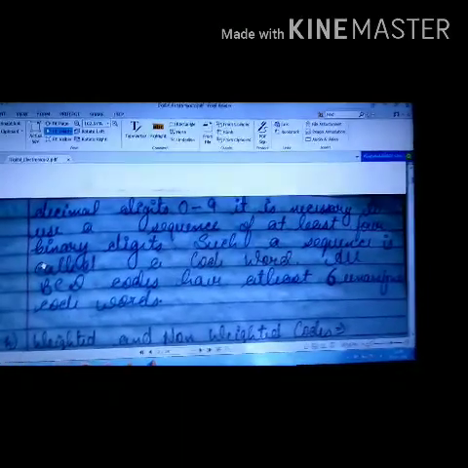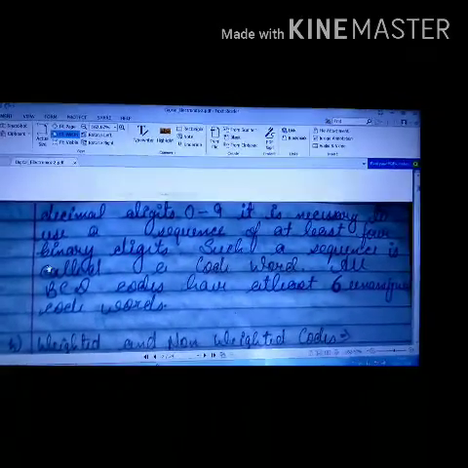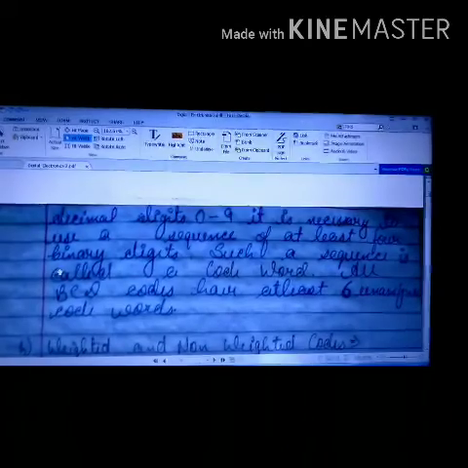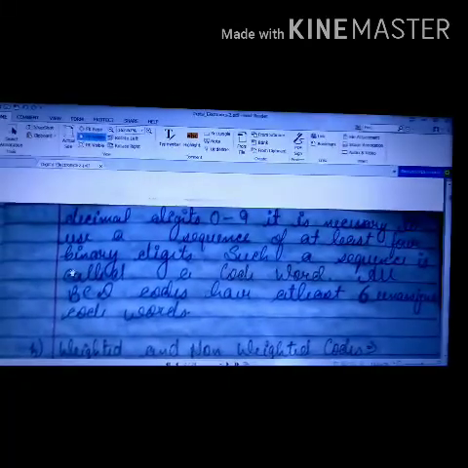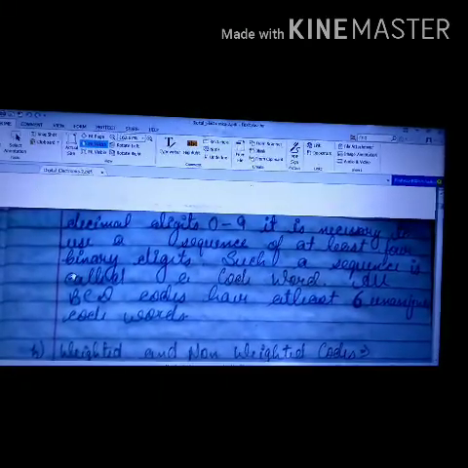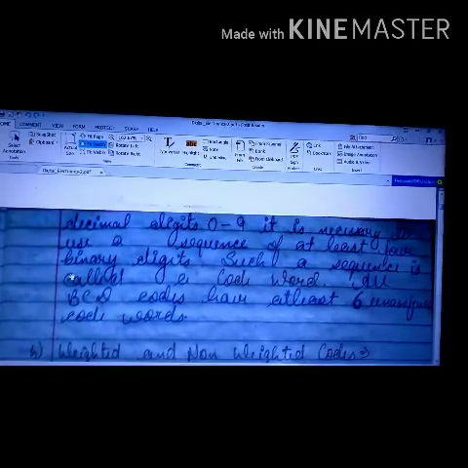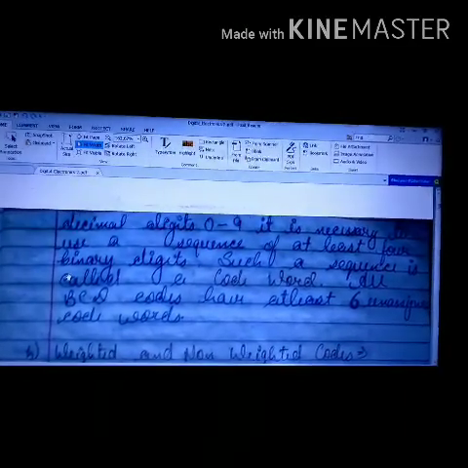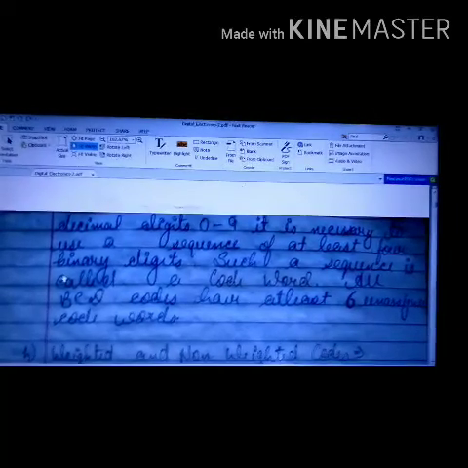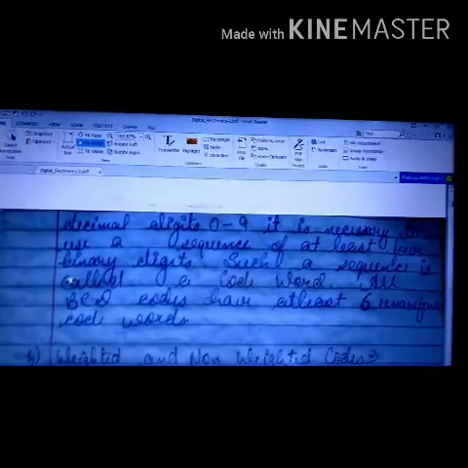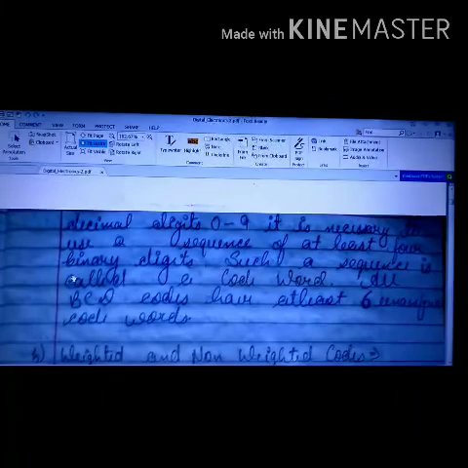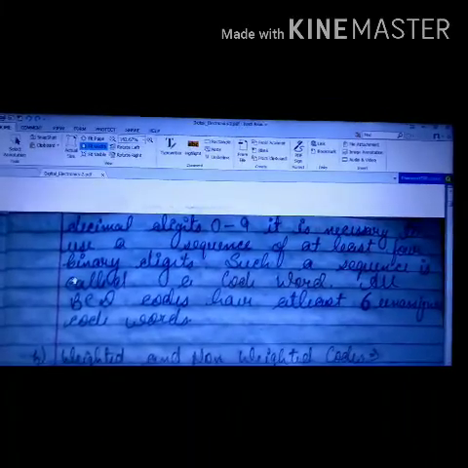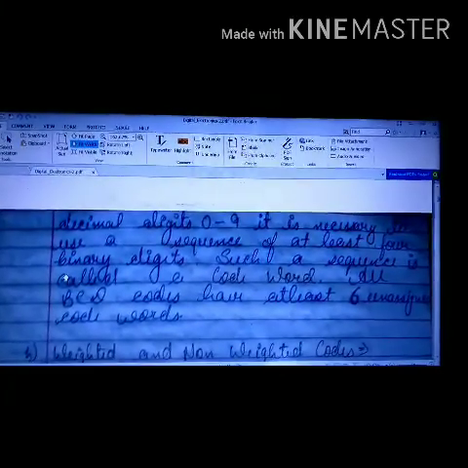Now if we are using 4-bit binary digits, we can represent 0 to 9 and A to F, that is 16 separate digits. But since it is binary coded decimal and we want only 0 to 9 to be represented, any digit higher than 9, that is A to F, will be unassigned, and they are called illegal code words in BCD.